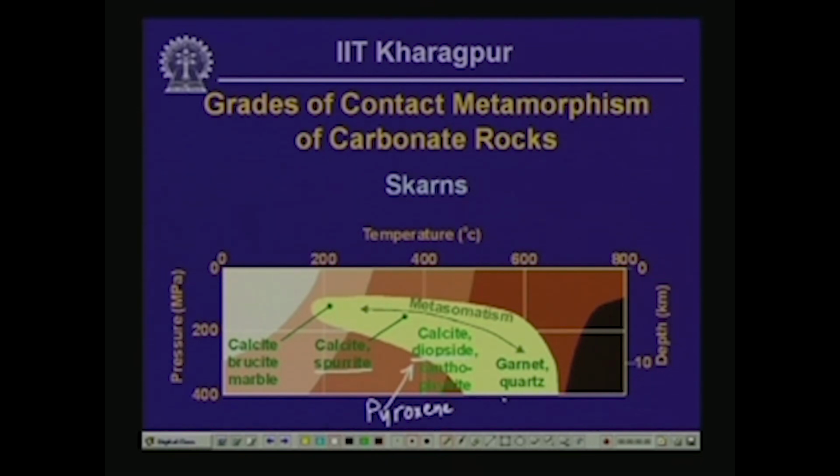And here also you should know that as the metamorphic grade increases, we also get more and more mineral ores, such as ores of gold, ilmenite, tungsten, and so on and so forth.